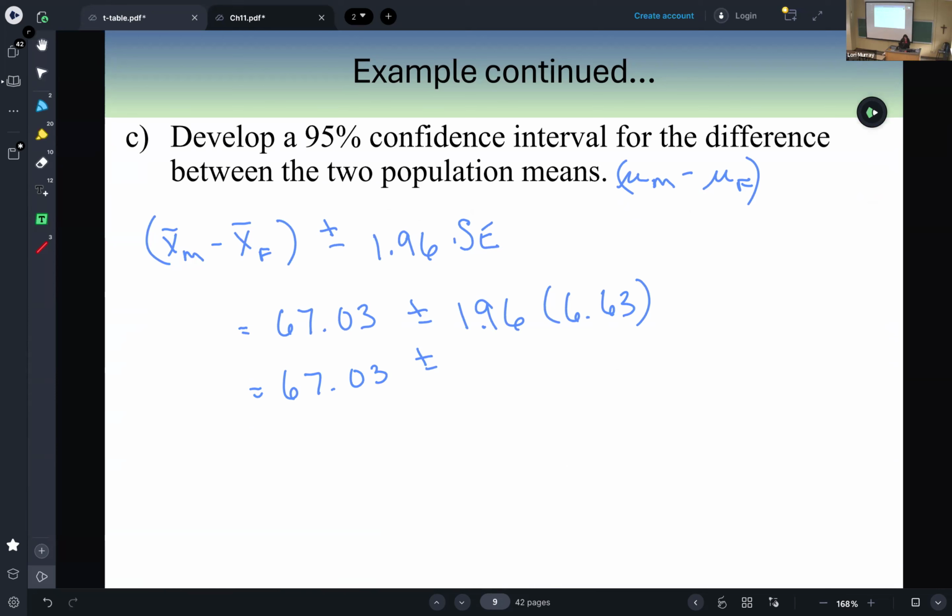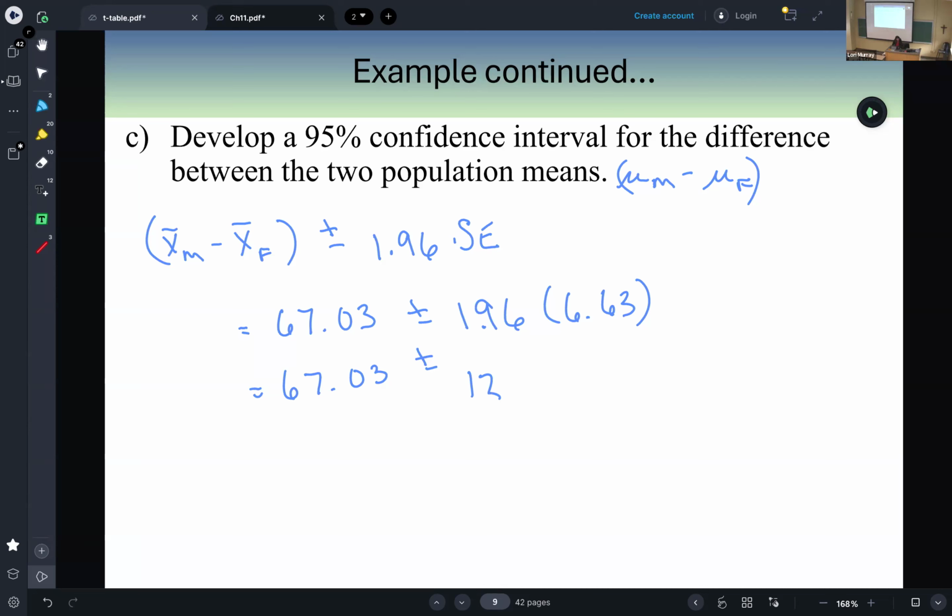What's our margin of error if we multiply that out? Does anybody have a margin of error worked out? You have it? Yeah, sure. Yep, perfect. That's what we want, 12.